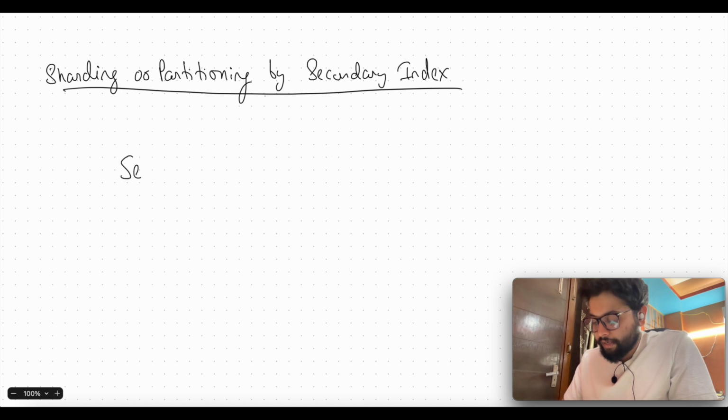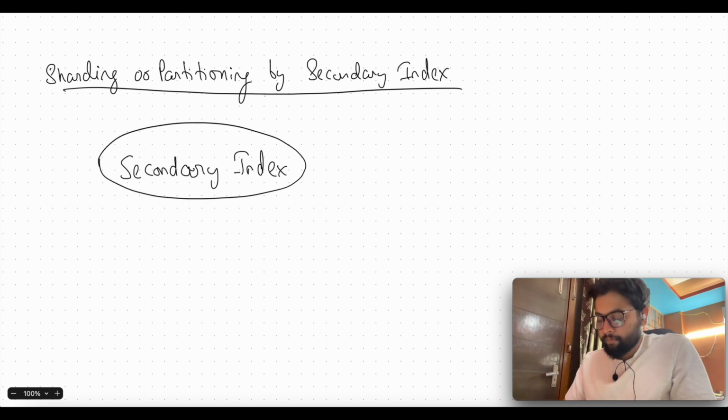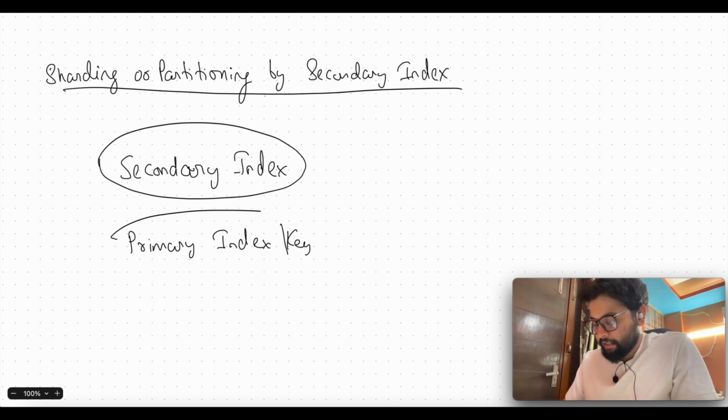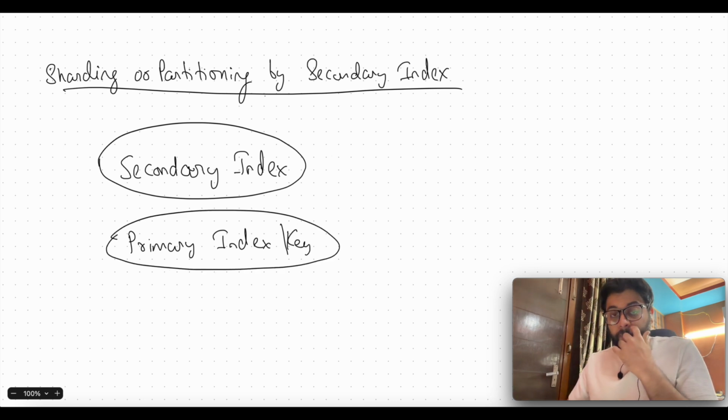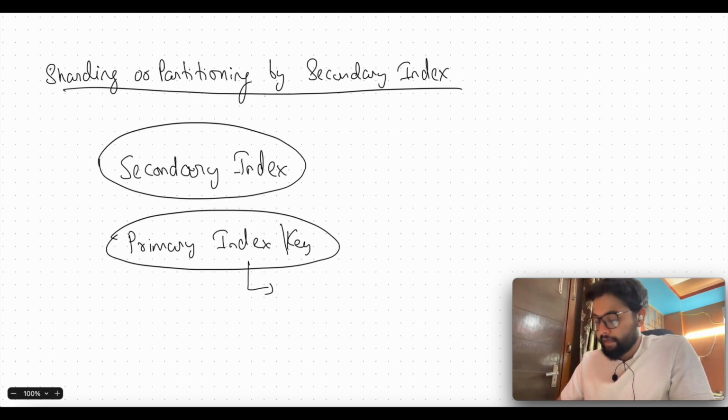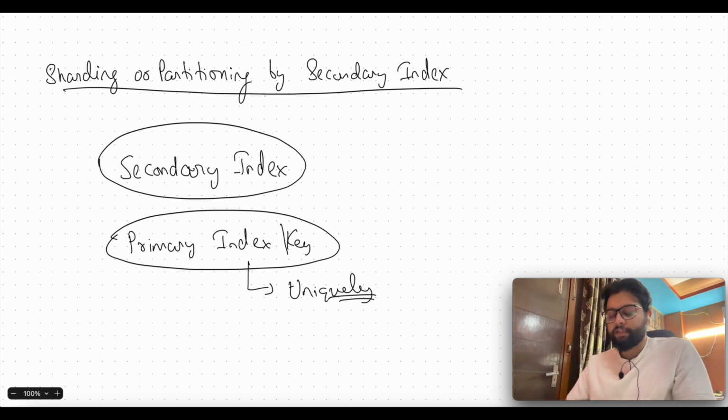So what are secondary indexes? You all must have heard about primary indexes, or primary keys as well. A primary index or primary key is basically the field of a particular table which defines every data item uniquely. That is the concept behind primary indexes. But secondary indexes are not like that.